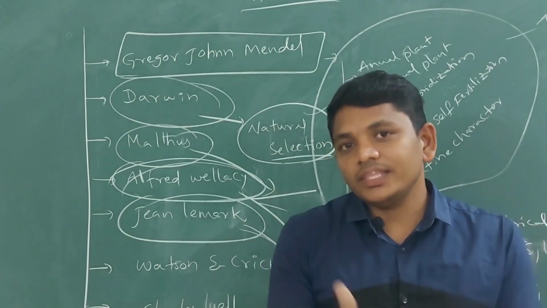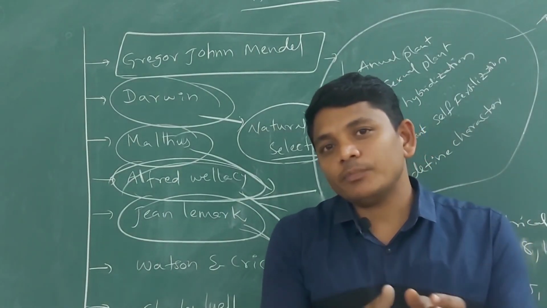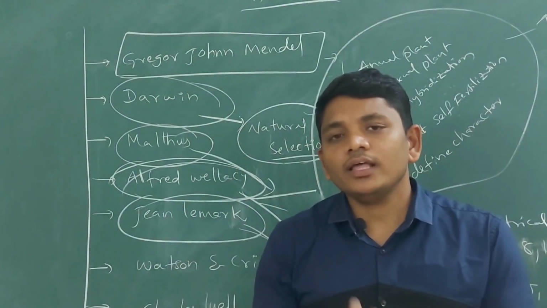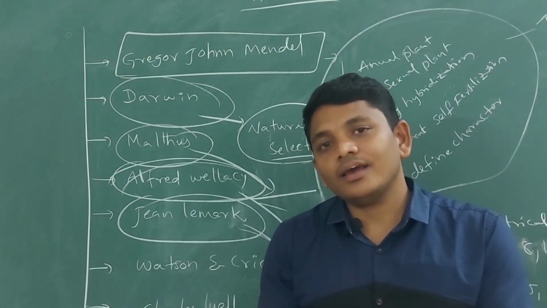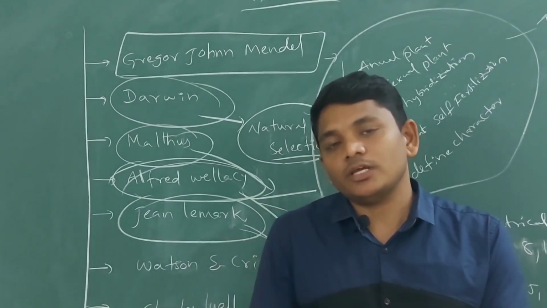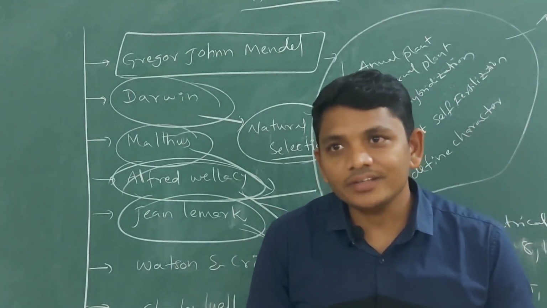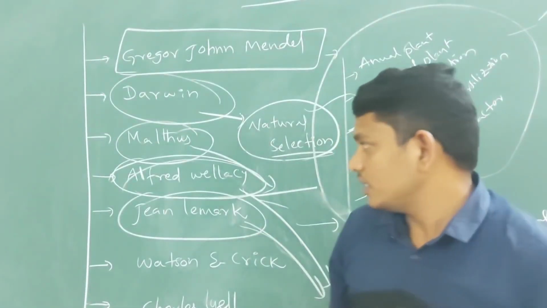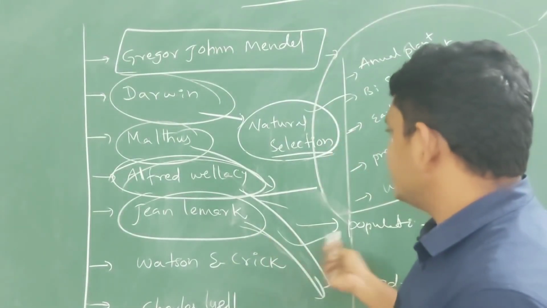In this way, they themselves develop their neck strength and neck height. So in this way, the characters of the organism can be developed by themselves. That is called inheritance of acquired characters. This is said by Jean Lamarck.